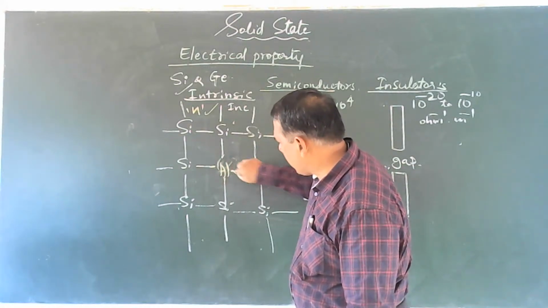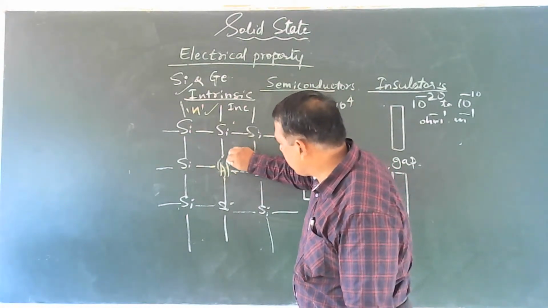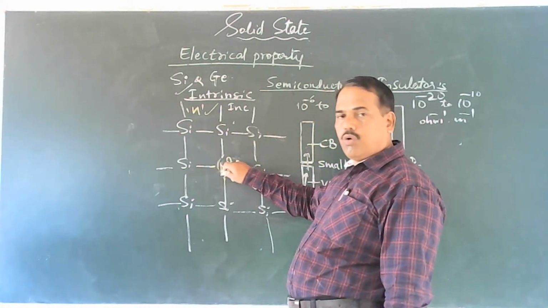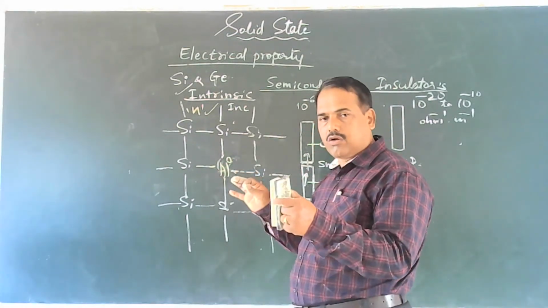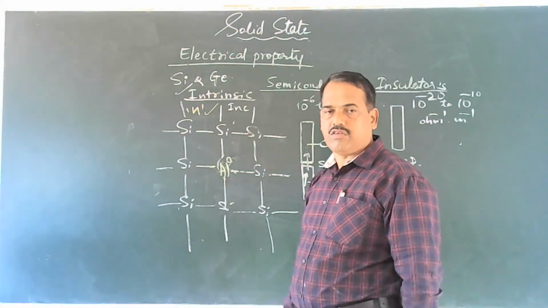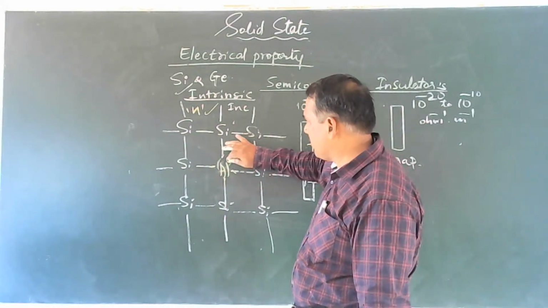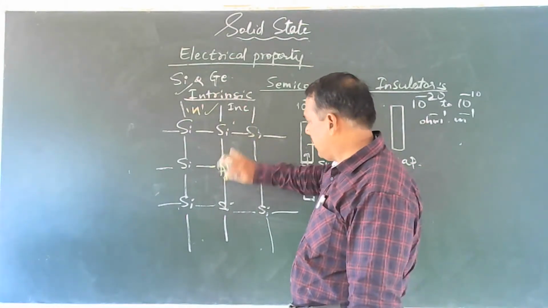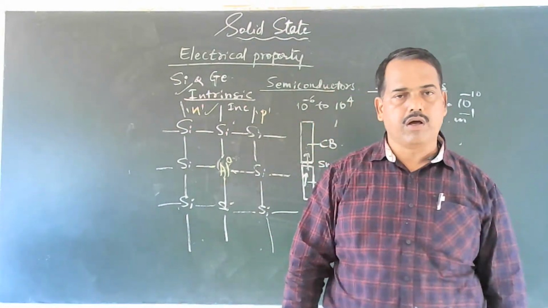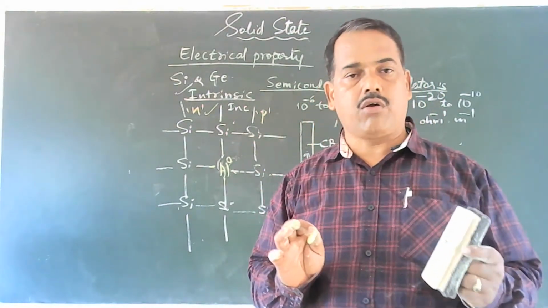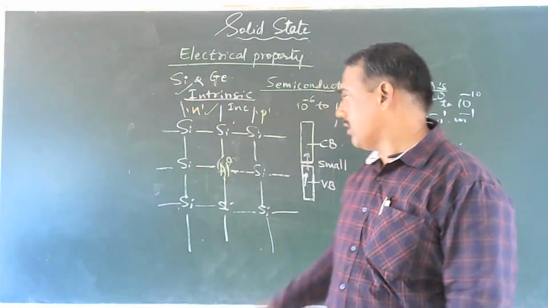Aluminium has only 3 valence electrons, and this is nothing but the hole. And this hole passes the electrons and receives the electrons, and conductivity increases. Here the hole is responsible for the current, and this type of semiconductor is called a P-type semiconductor. Are you clear?